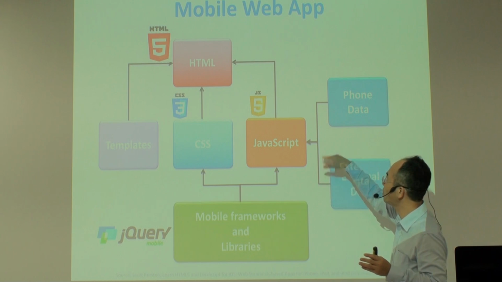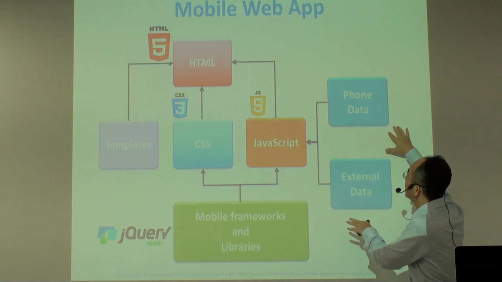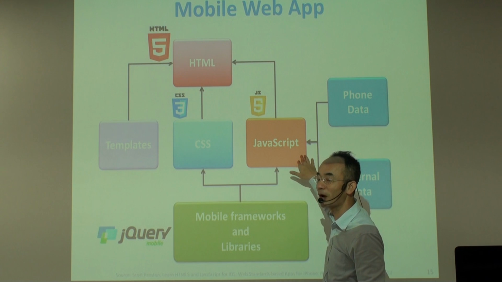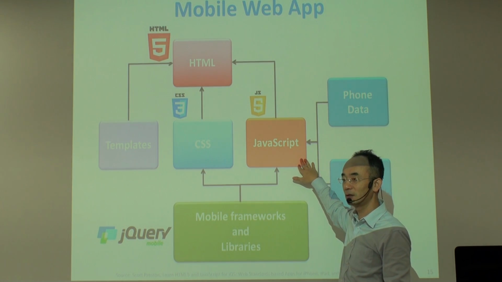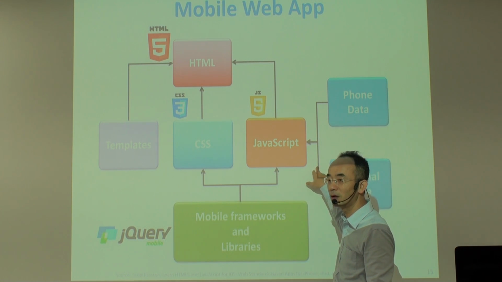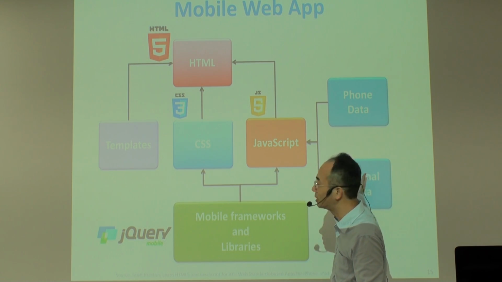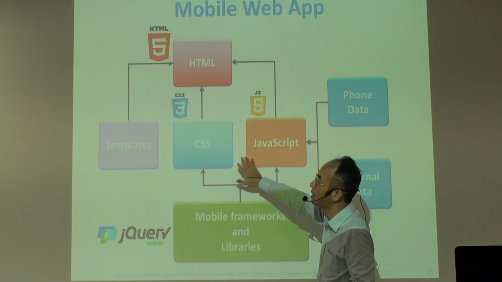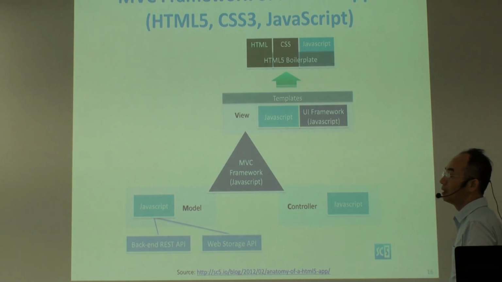So this is the whole structure, and you can also use phone data and external data by using JavaScript for writing your business logic and presenting your data. So here is the JavaScript, CSS, and HTML5.